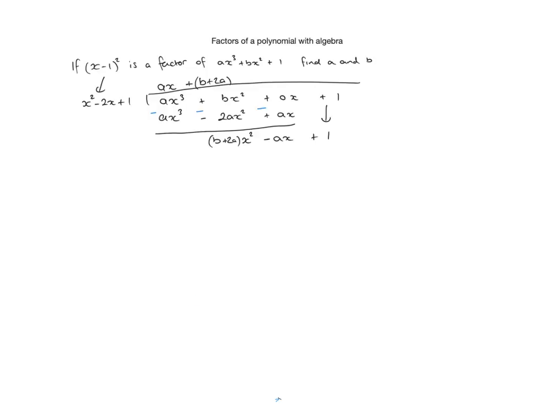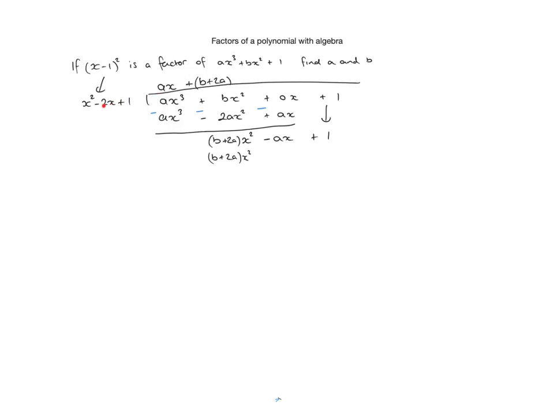The first one is fairly straightforward, because we know the answer: it's b plus 2a times x squared. Next, b plus 2a multiplied by minus 2.